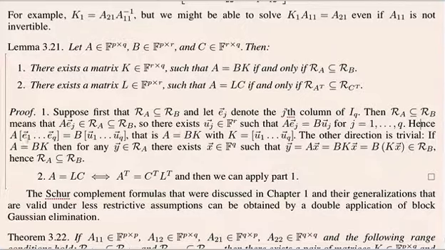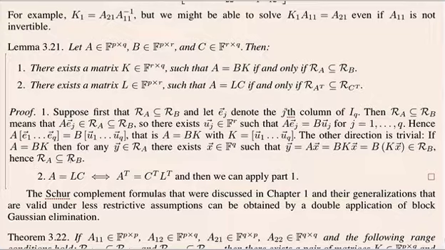Since this is the identity matrix here, that means that A equals B times K, with this K being the matrix U1 through UQ. This was one direction, showing that if the range of A is in the range of B, then we have a solution to A equals BK. The other direction is trivial.